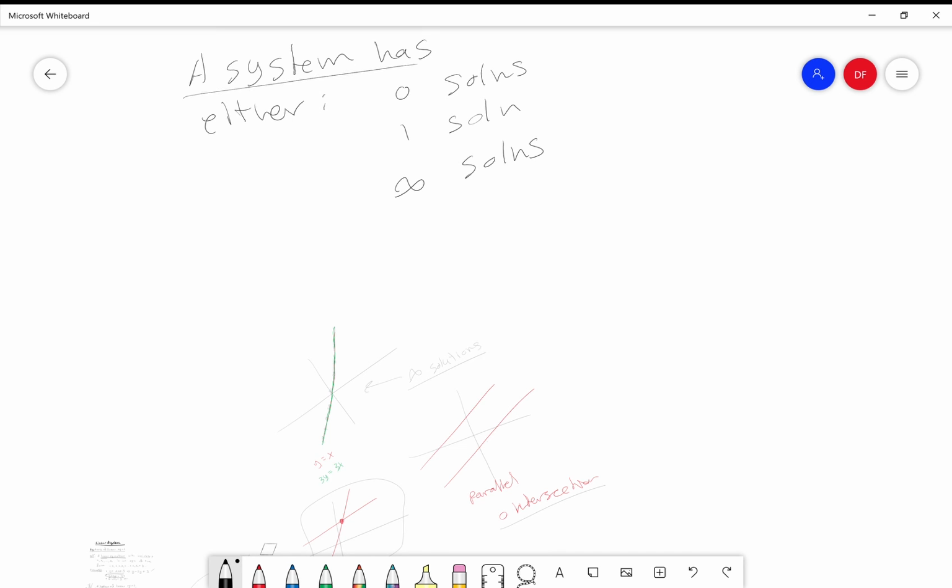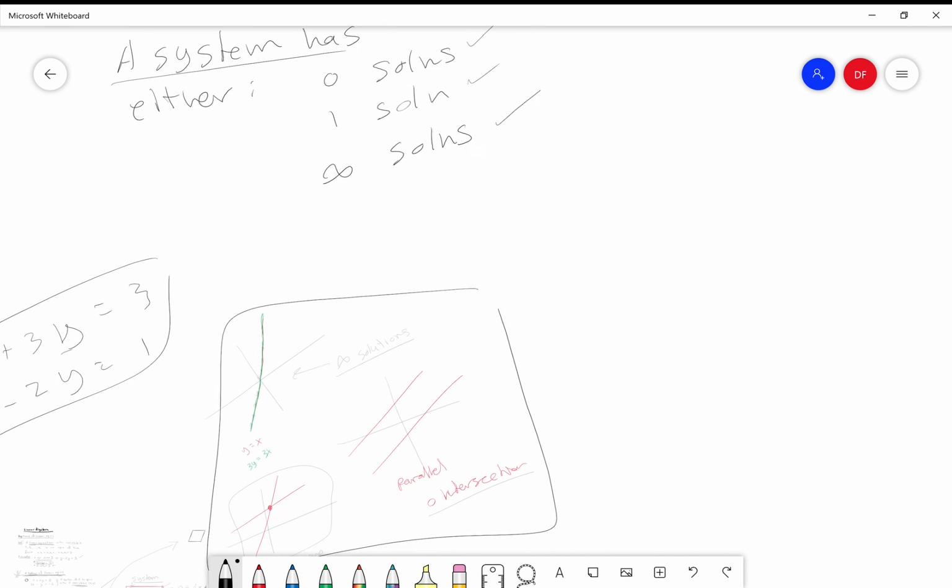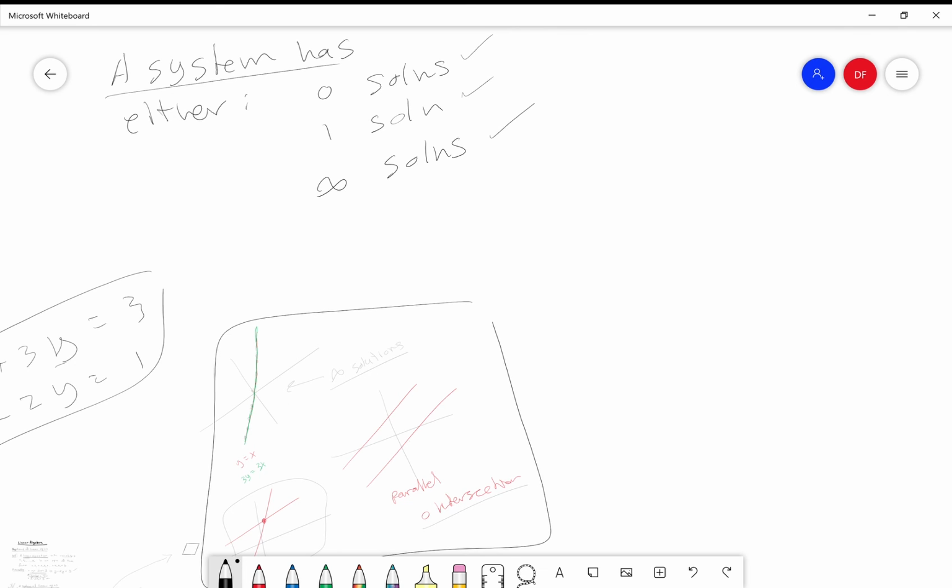And this is for any system, not just a system with two variables and two equations, but even if it had three variables and three equations, four variables and three equations, no matter what, it will only have either 0, 1, or infinitely many solutions. And we see why in two dimensions for a system with two variables and two equations. We see why it will either have 0 solutions or one solution or infinitely many solutions.